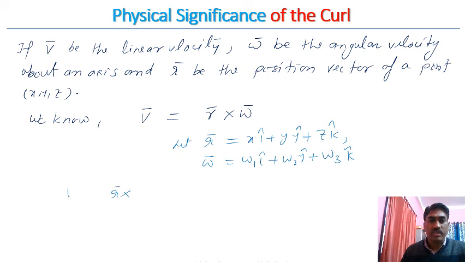r cross v is equal to r cross omega, and that is given by the determinant i j k, x y z, omega 1 omega 2 omega 3.